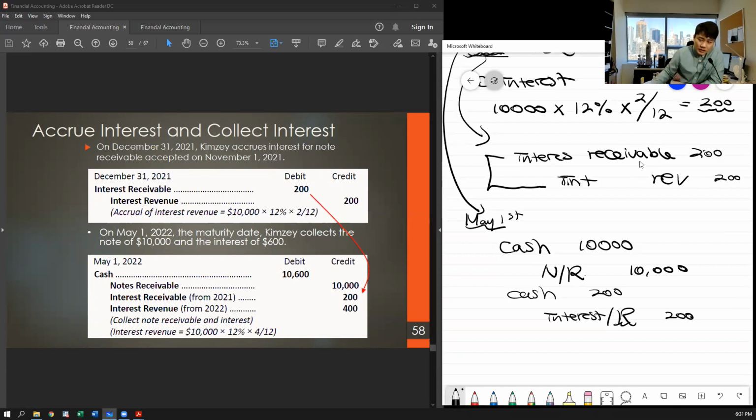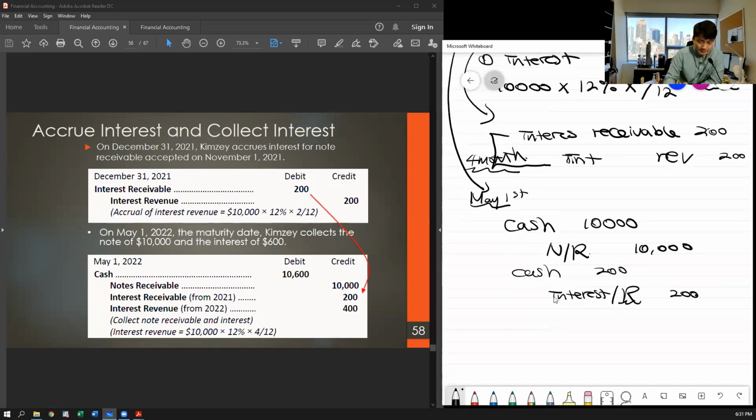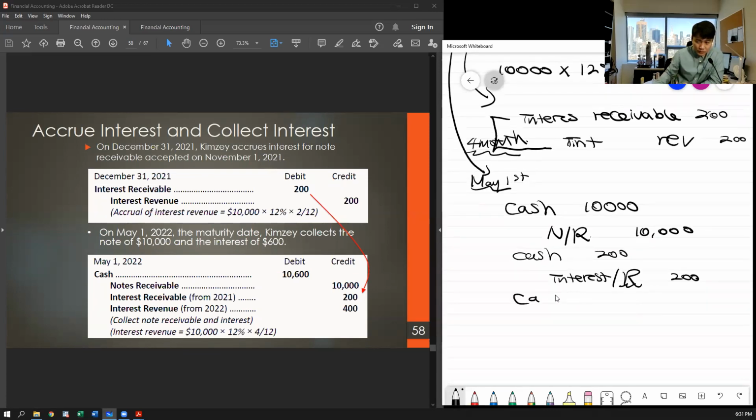Now for this 4 months, from December 31st to May 1st, there will be another interest component associated with it. So you will again receive cash, not 600 in this case, $400. That's again from the original principal amount times 12% times 4 months over 12.